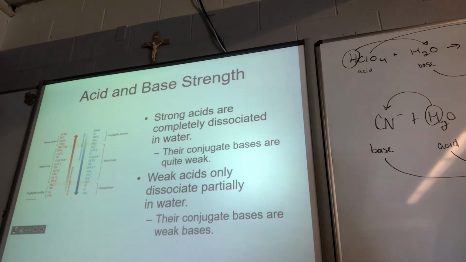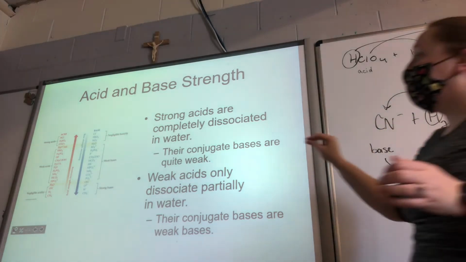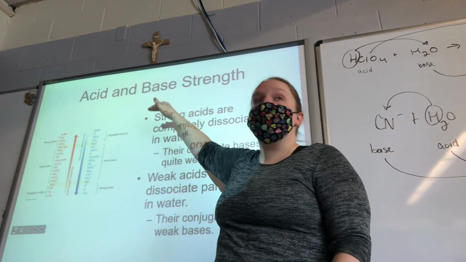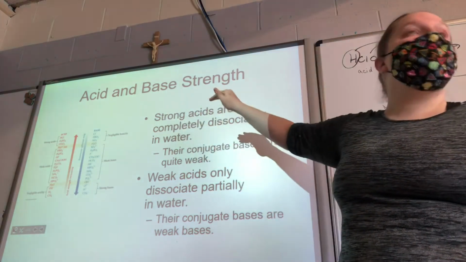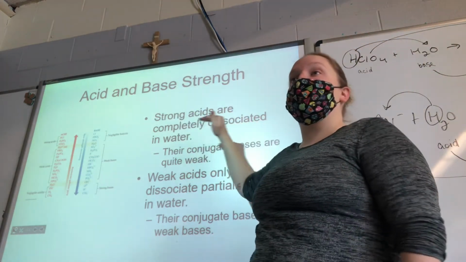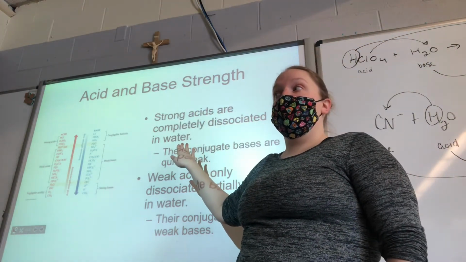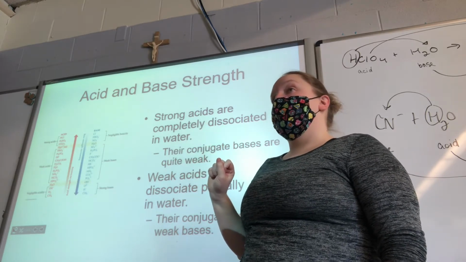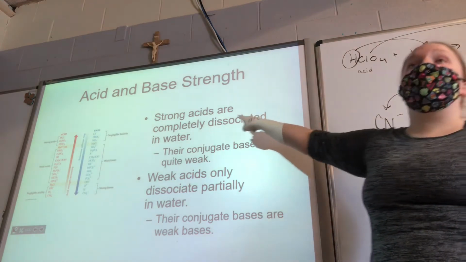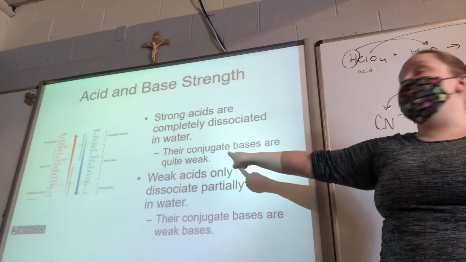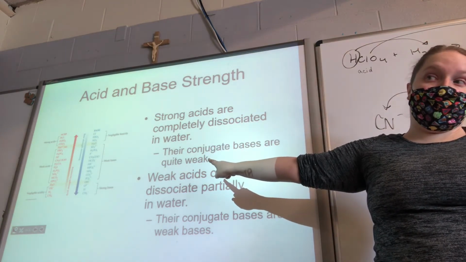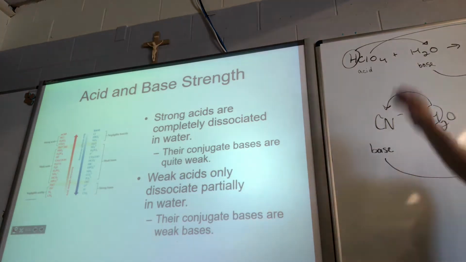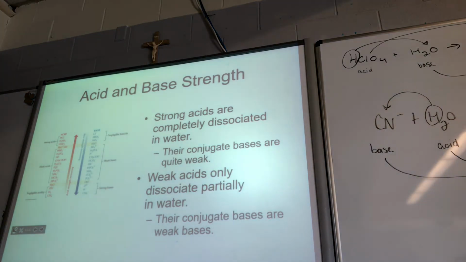For our particular definitions, when we say that we have a strong acid, what we are saying is complete dissociation occurs in water. That is what a strong acid does. Strong acids typically have weak conjugate bases. So if you start with a strong acid, its conjugate base is weak.